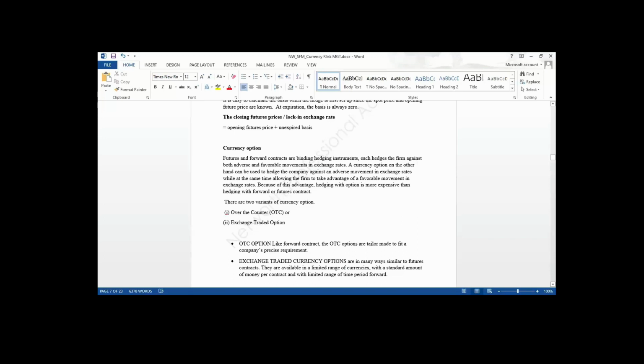The OTC options are tailor-made to fit a company's precise requirements. What it means is that over-the-counter options can be designed to meet the precise requirement of the company.